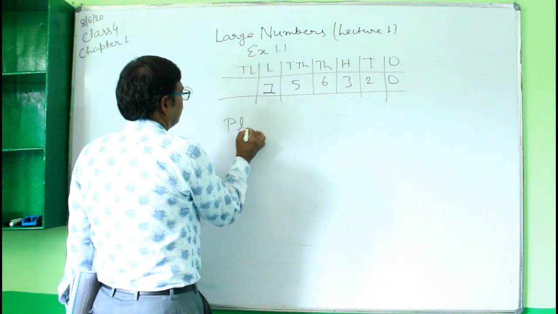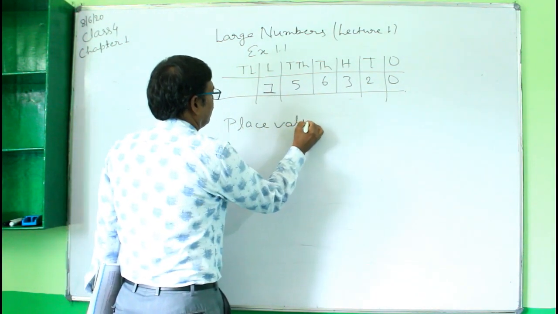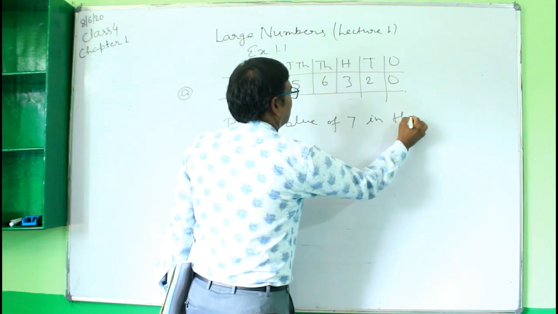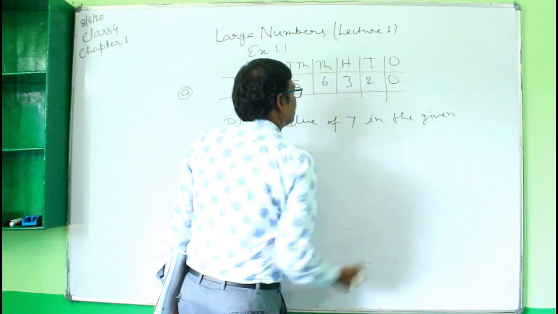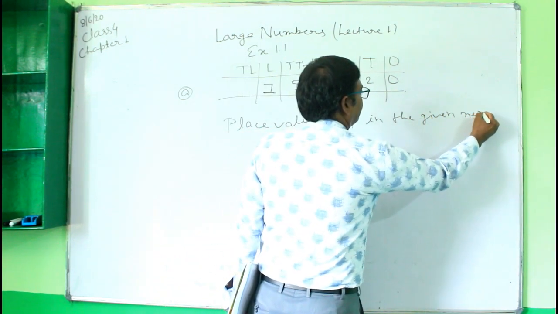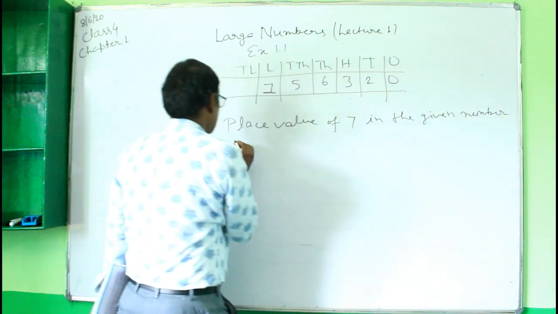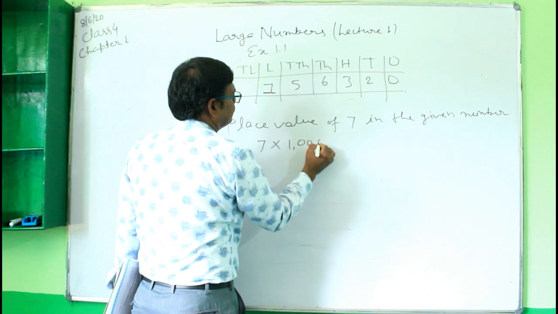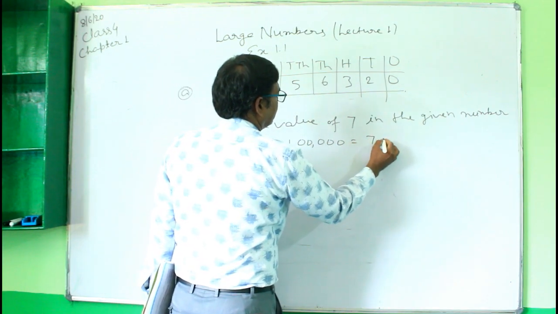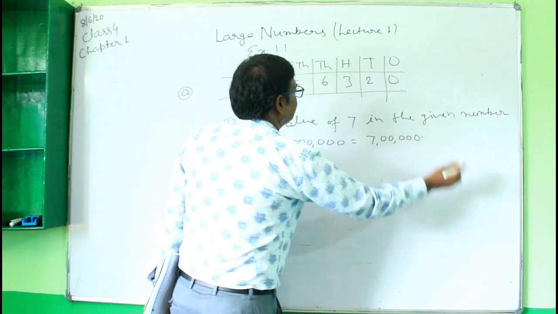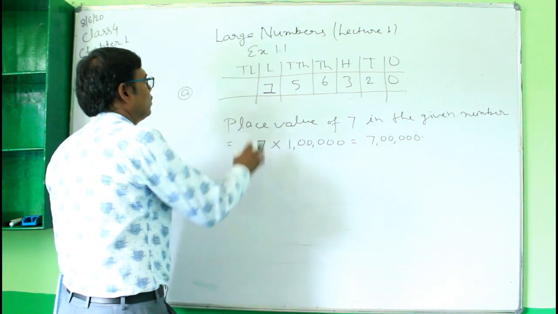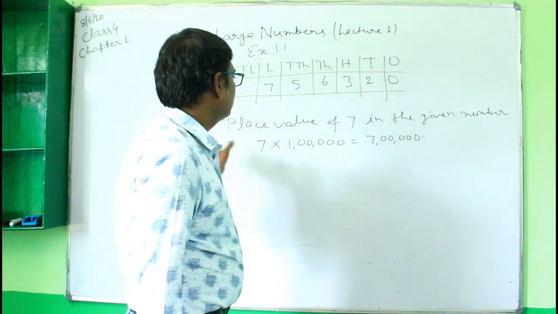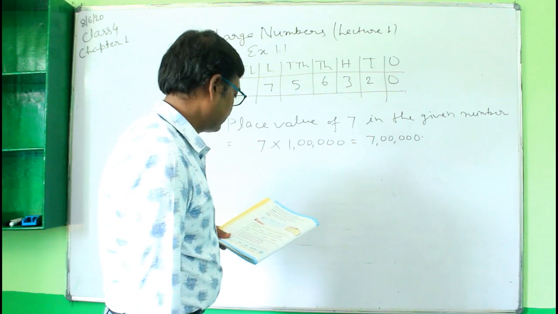So the place value of 7 in the given number is equal to 7 into 1 lakh, equal to 7 lakh. So this is the place value of 7, the colored digit. So in this way I have found the place value of this number.